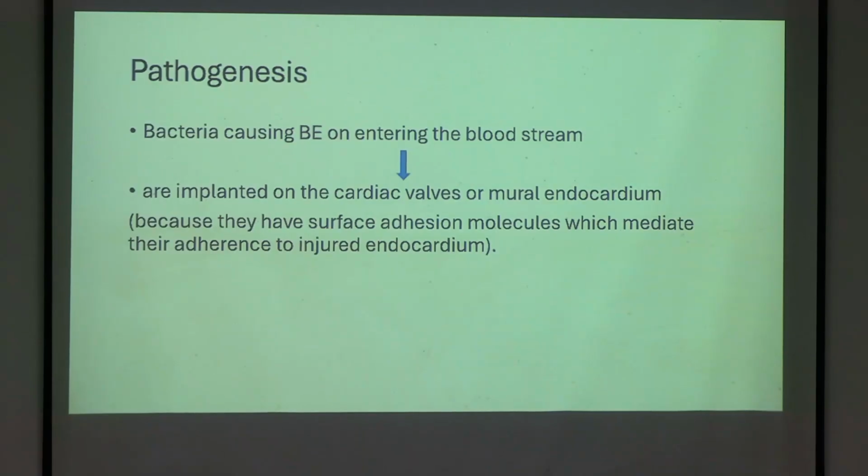So what is the pathogenesis? How do they enter? Bacteria causing bacterial endocarditis, on entering the bloodstream, are implanted on the cardiac valves or the mural endocardium. Why, how do they go? Because they have surface adhesion molecules.